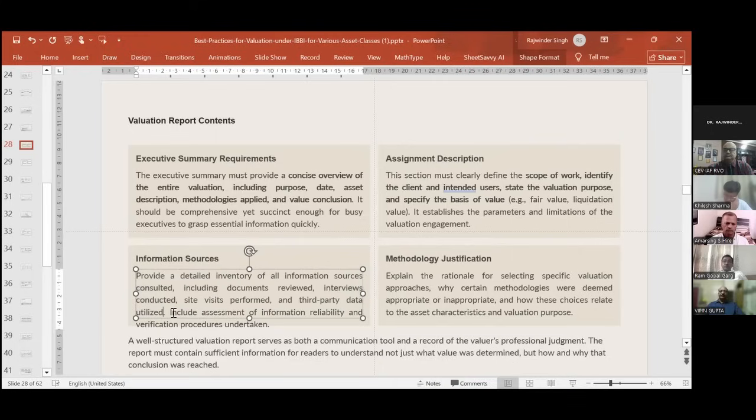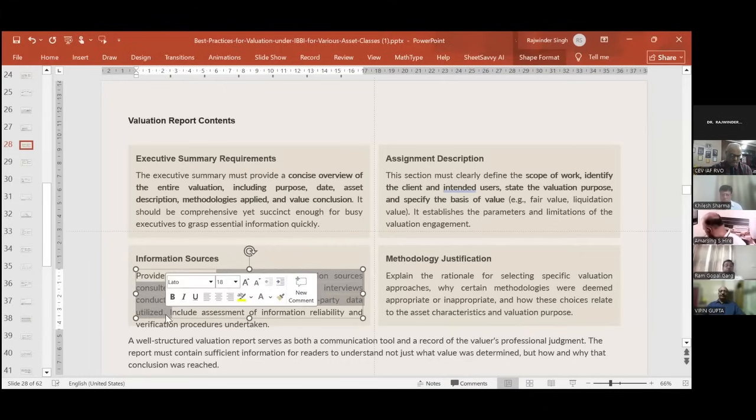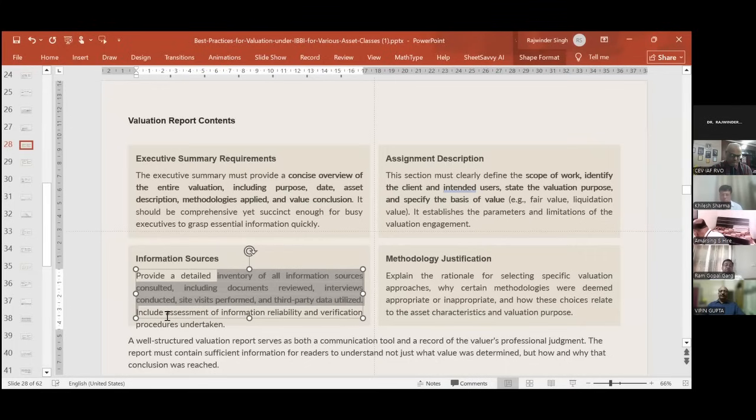So these are the things which you should mention in the information part, means inventory of all the sources consulted, including documents reviewed, interviews conducted, site visits performed and third-party data utilized. So this includes assessment of information reliability and verification procedures which you have undertaken for doing the valuation.